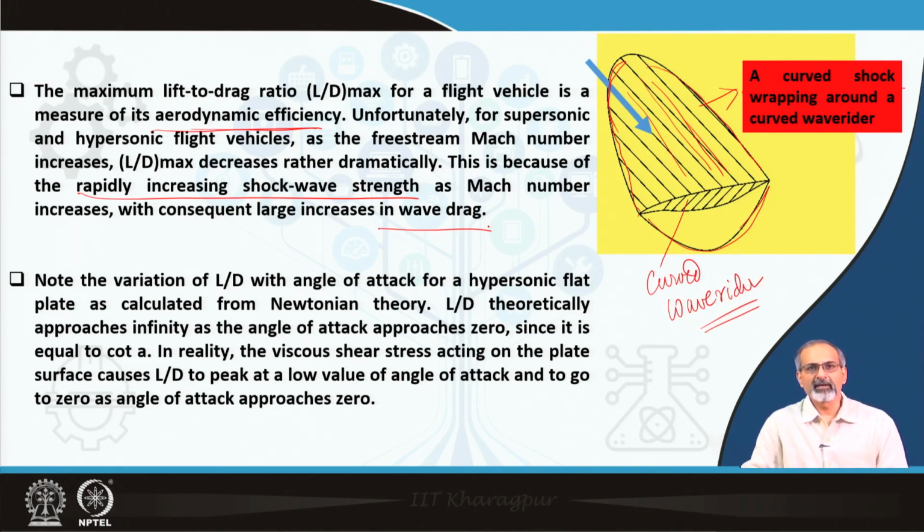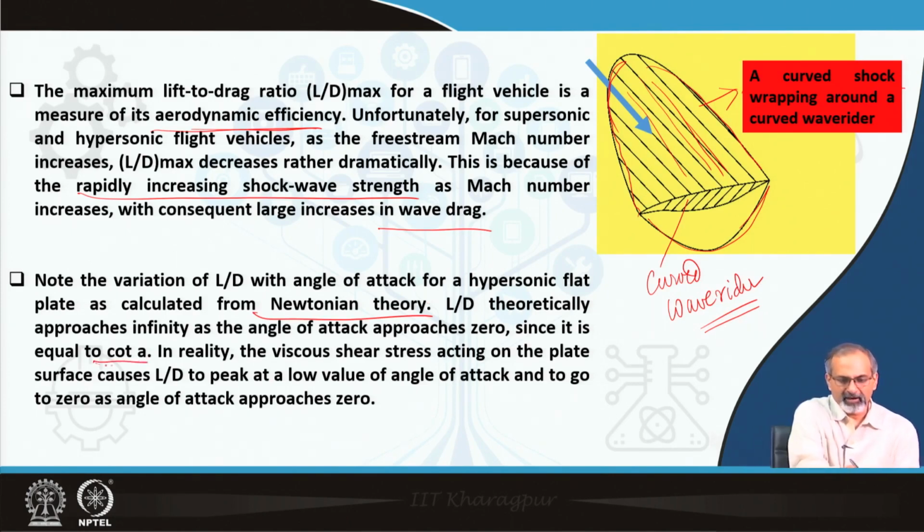Note the variation of L by D with angle of attack for a hypersonic flat plate as calculated from the Newtonian theory, which you learnt in the earlier part of the course. It gives us the result that it varies as cot alpha.